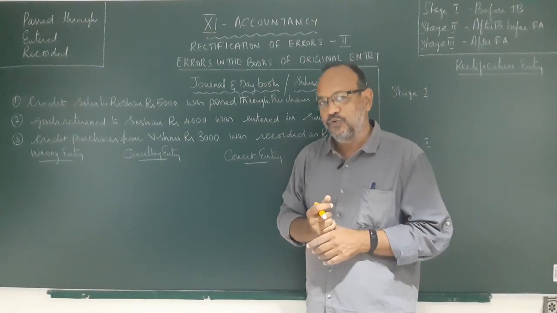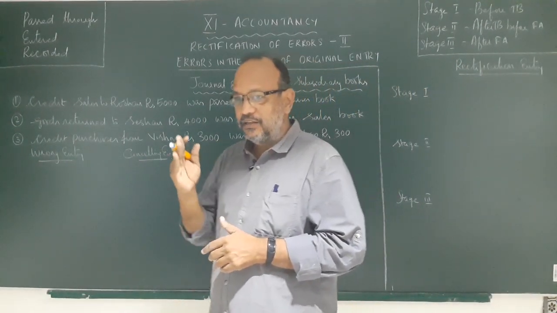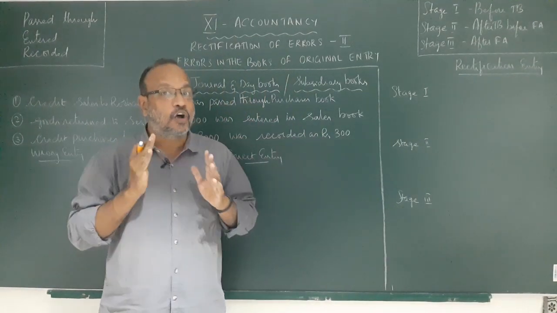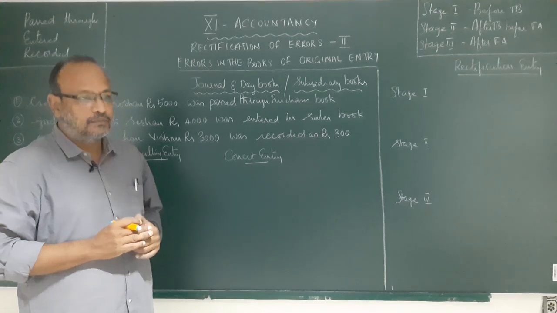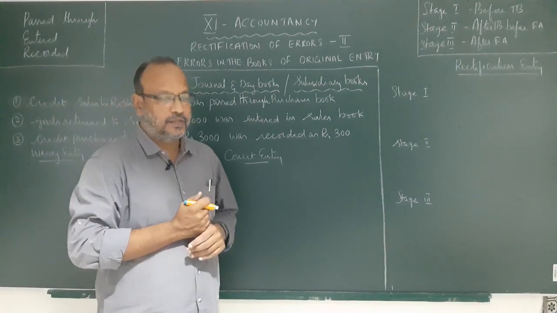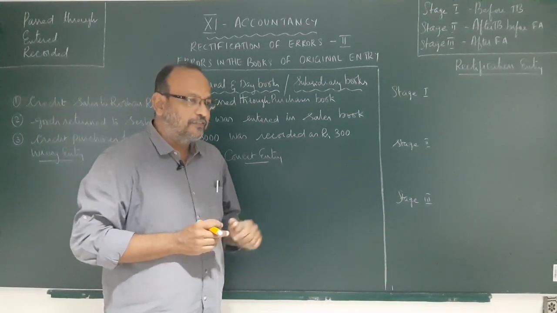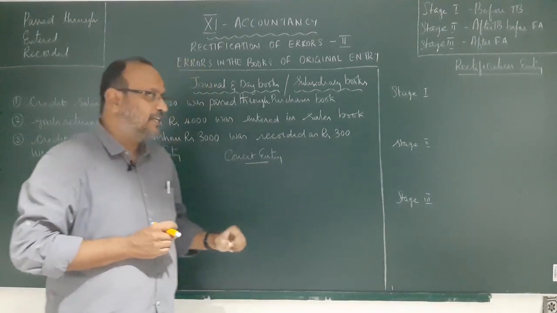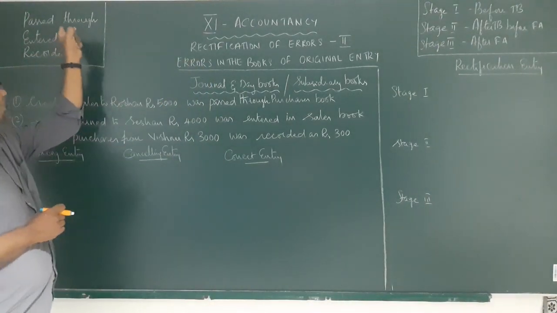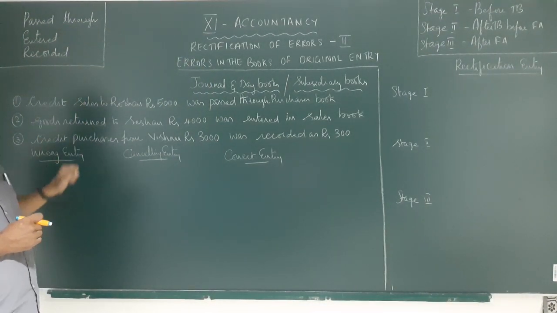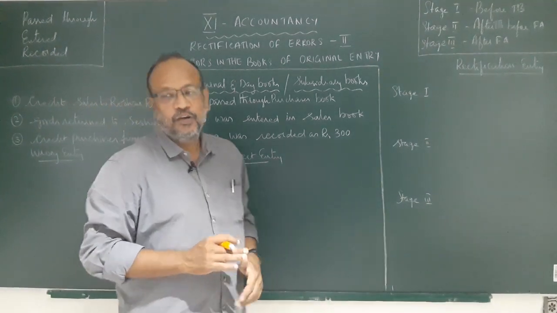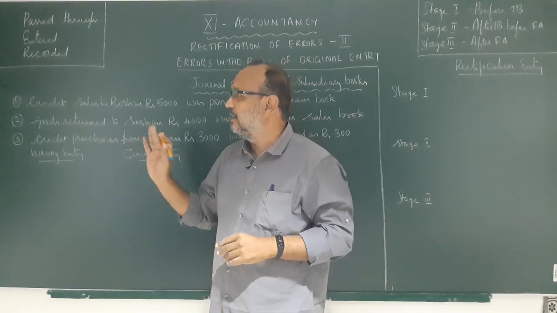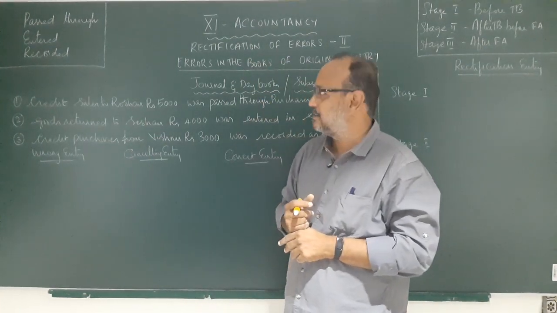How will you know whether the error has occurred in the subsidiary book or in the ledger or in some other books? It's very simple. If the question says that it was passed through, or it was entered, or it was recorded, all these things happen only in the journal or its subsidiaries.